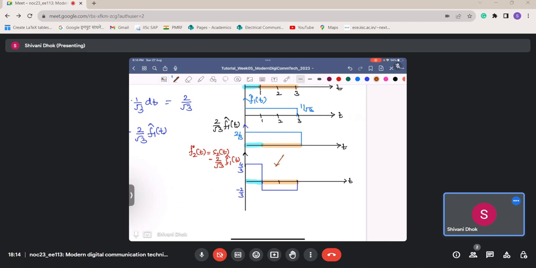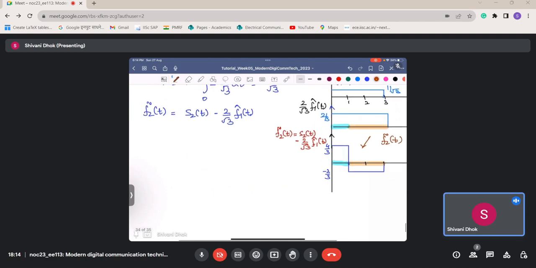This signal here is my f2 tilde of t, and what I need to find is f2 hat of t.